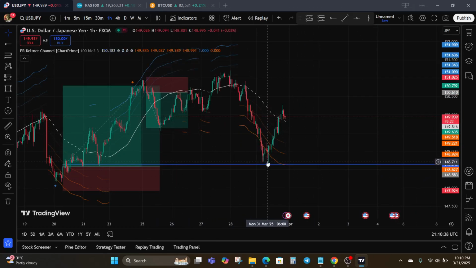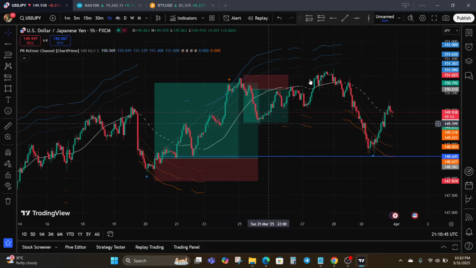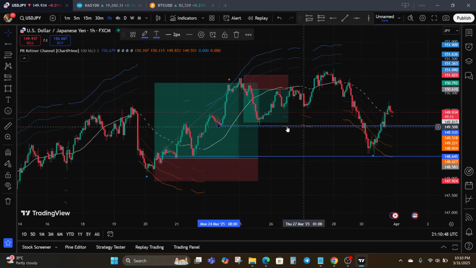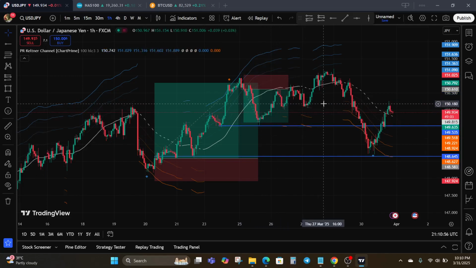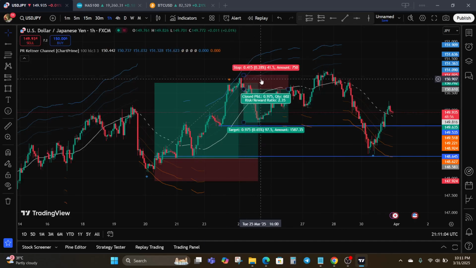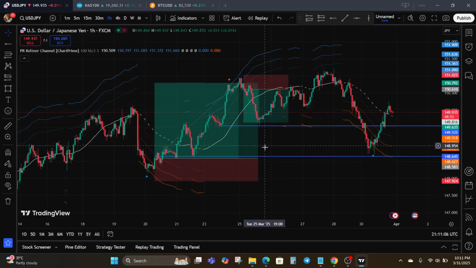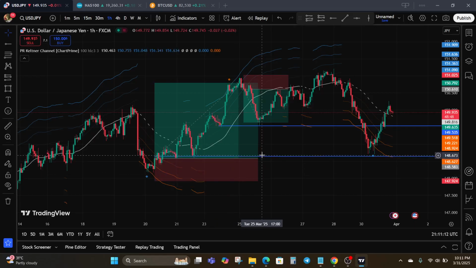While you can wait for the blue diamond, if price has already got into a support zone and you have a good risk to reward ratio, I recommend that you just exit your trade. For example, this was a good risk to reward ratio, so you can just exit your sell trade at this point. So basically, when price touches the upper bands, it signals a potential sell opportunity, and when price touches the lower bands, it signals potential buy opportunities. That's just the summary of the signals.